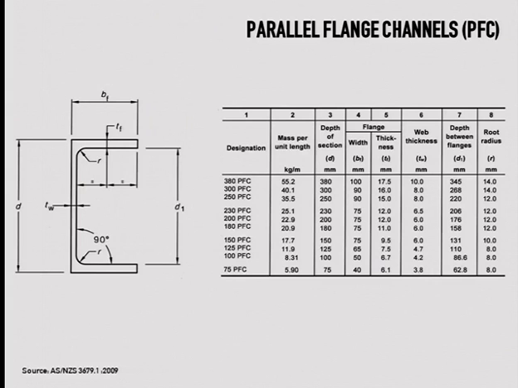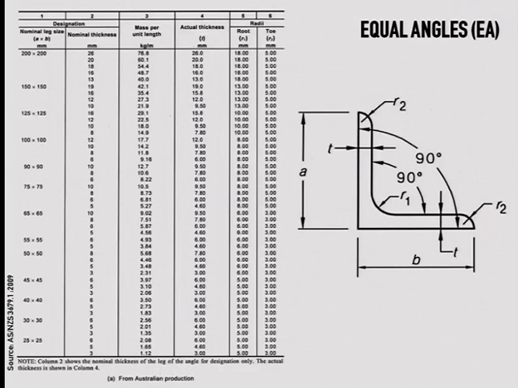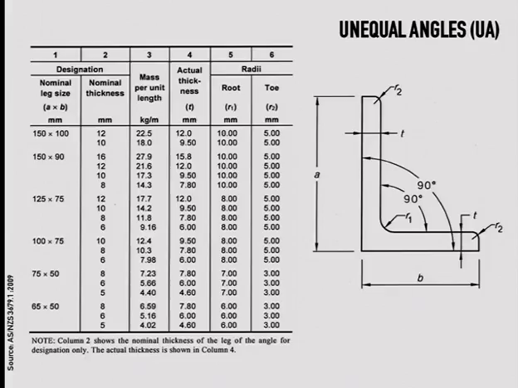All right? There are several families of that. Also, angles with equal legs or unequal legs. That's just up to you to browse the catalog and find what satisfies your needs. All right? These are the most common. So I ask you to remember and memorize at least these 4 or 5 types.